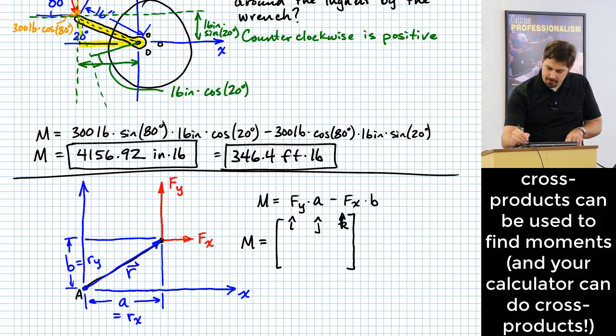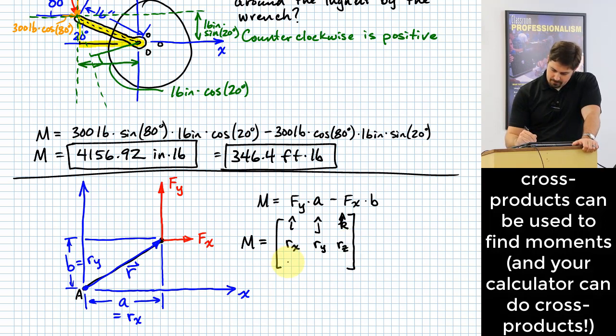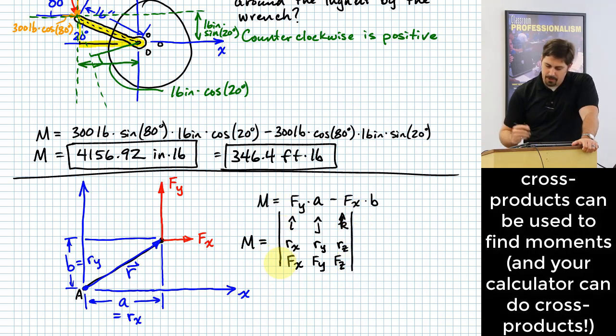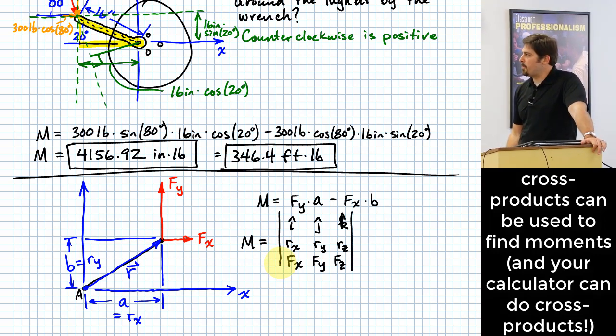So here we would put Rx, Ry, Rz. What do you think you put in the last row? Fx, Fy, Fz. I really should have put straight lines here because that's the symbol we use for a determinant. If I take the determinant of this, it gives me my moment.